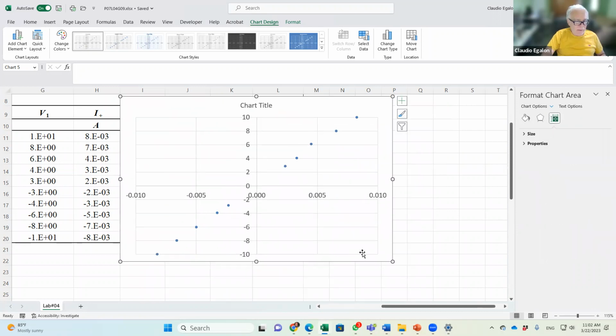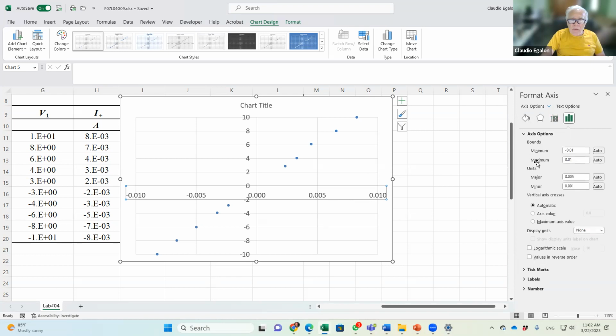It looks like there's a little bit of blank space here. We can go to 9. Axis options, from minus 0.09 to plus 0.09.